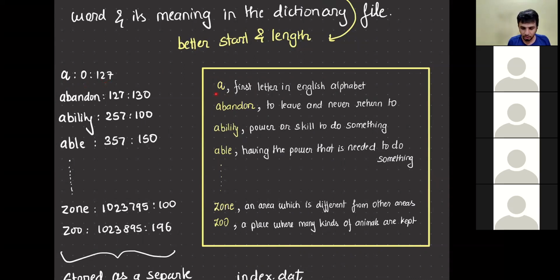My word abandon starts at offset 127 and has 130 length. Then my word ability starts at 257 and has a length of 100.